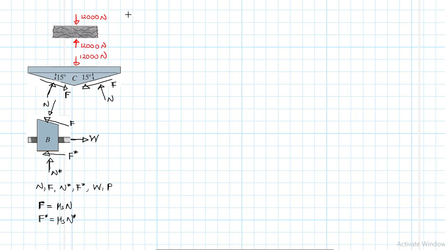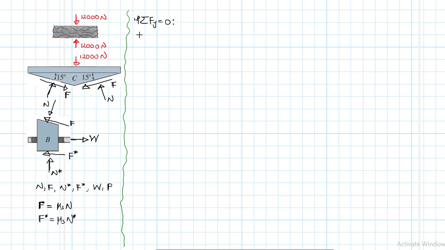Having said that, let's quickly apply the equations of equilibrium so that we find the equations, plus the extra ones, and then solve for the unknowns. So there we go, summation of forces in the y equal to 0 as usual.